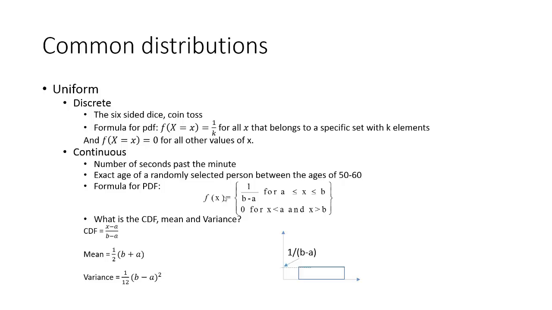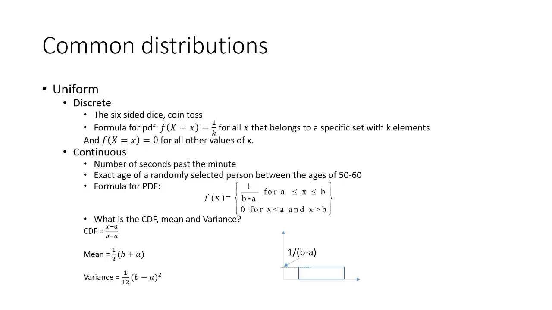Okay, so we've spoken about the formula for the uniform distribution. We spoke about the discrete uniform PDF, and we said the PDF is essentially 1 by k, right? So with the continuous, the PDF is essentially 1 by b minus a.